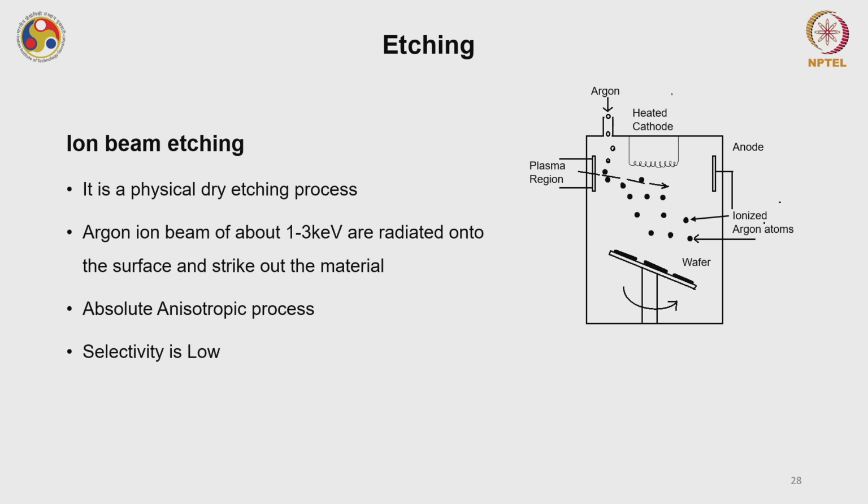So ion beam etching is one of the methods. Again it is a dry process, a physical dry etching process where an argon ion beam of about 1 to 3 kilo electron volts is radiated on the surface and strikes out the material that you want to etch.